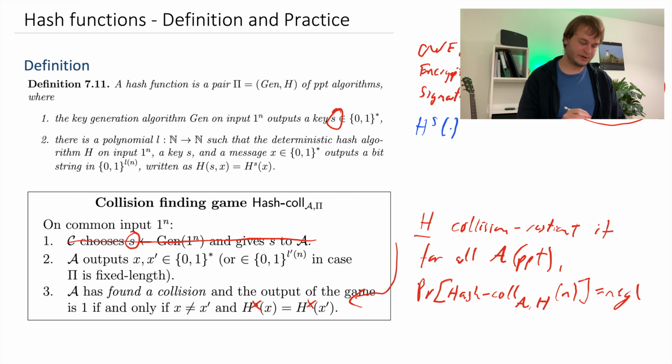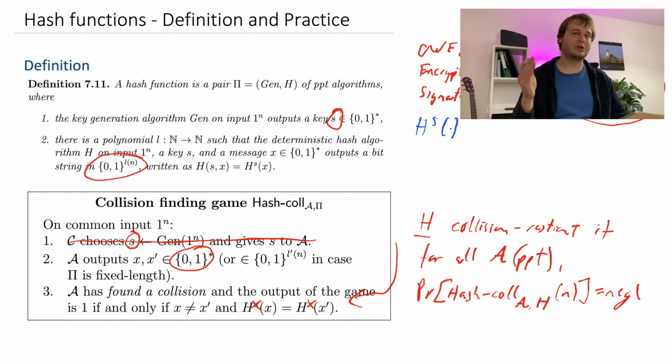So let's solve it. Essentially, the problem is that I can easily come up with an adversary A that makes this untrue. Well, I can prove this to you. I know that h, which has an infinite domain and just hashes to values of length l of n, has collisions, right?